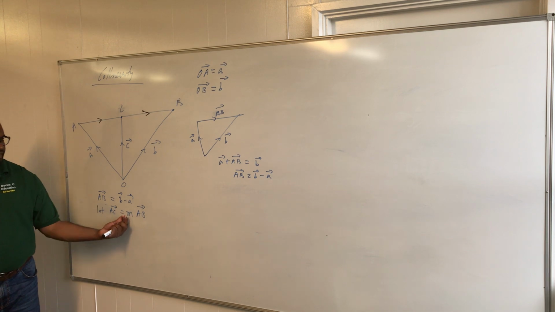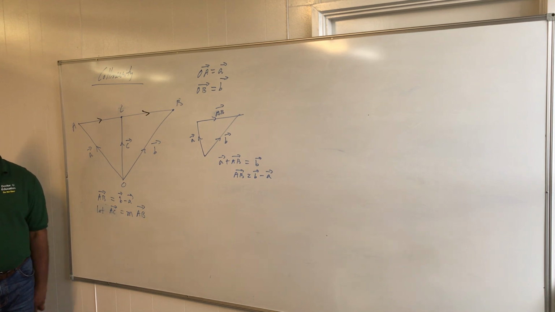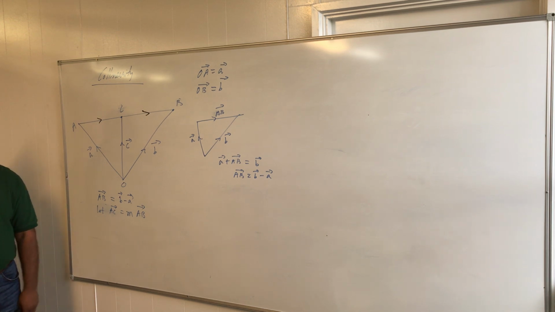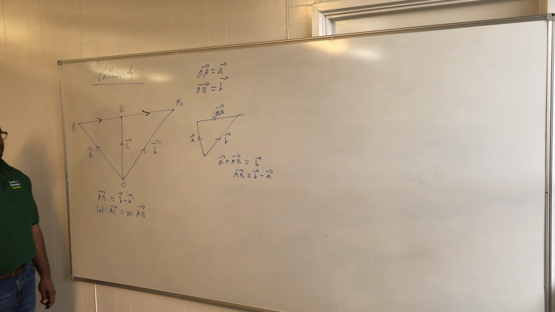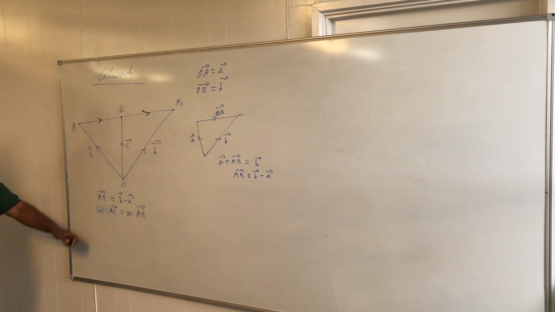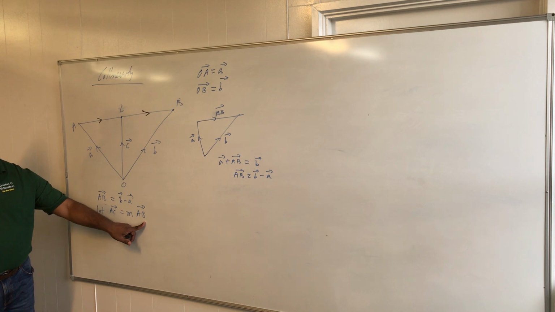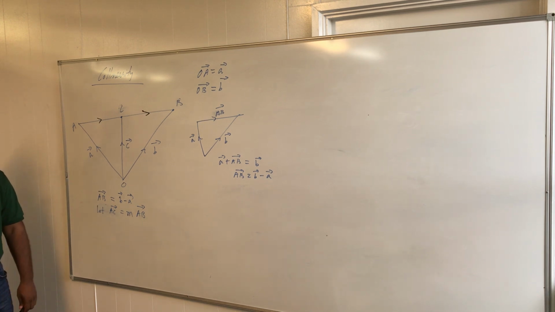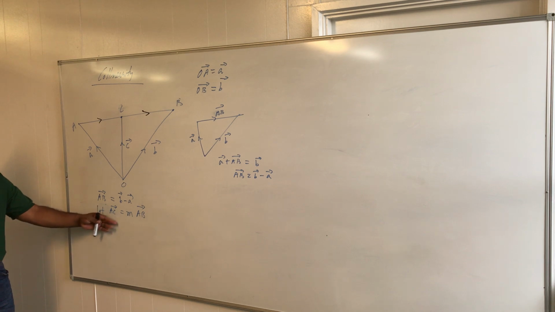AC is parallel to AB. What is M then? It's a constant. If you just multiply it by AB, you get AC. That constant is a scalar, less than 1. Okay, AC is equal to M times AB.